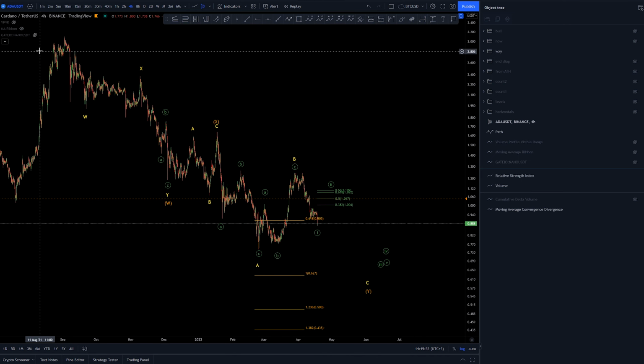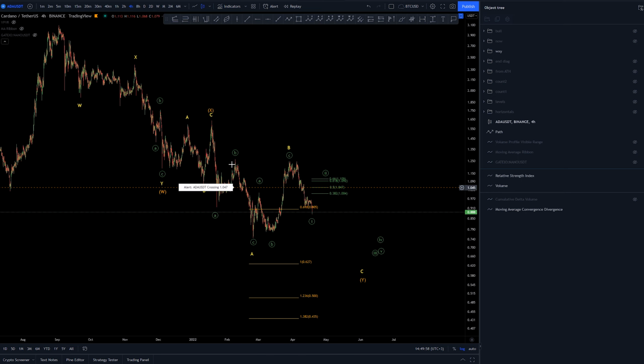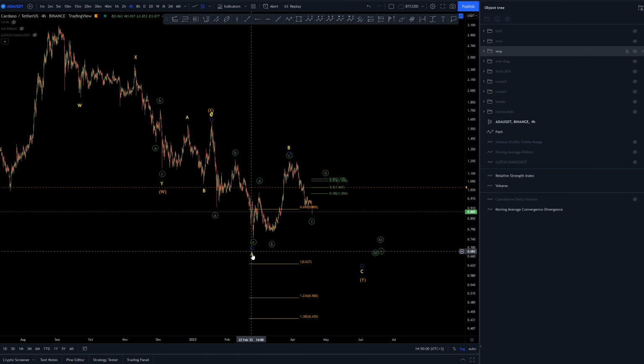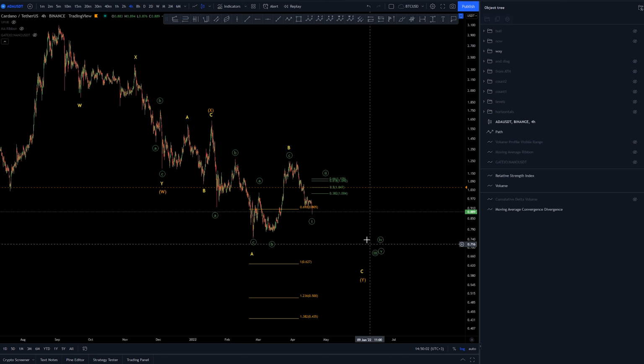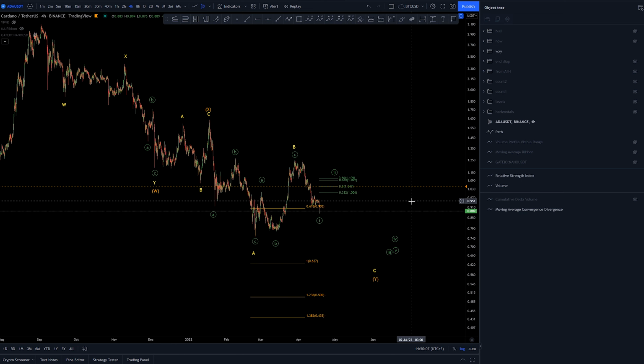This count, however, says that W is here, X and Y is to come. This last Y leg here has done A, B and C. The B is nothing major.